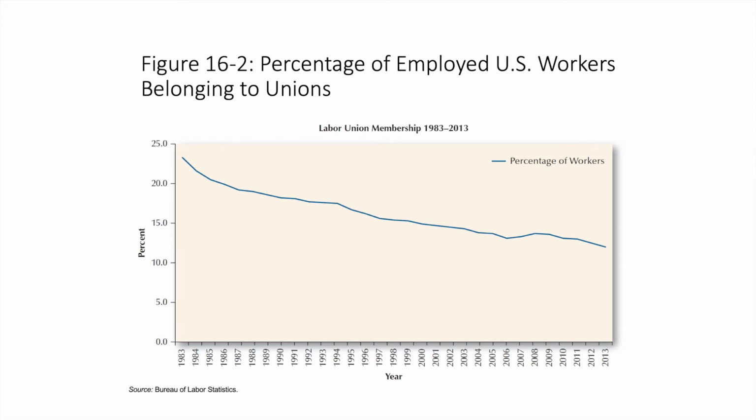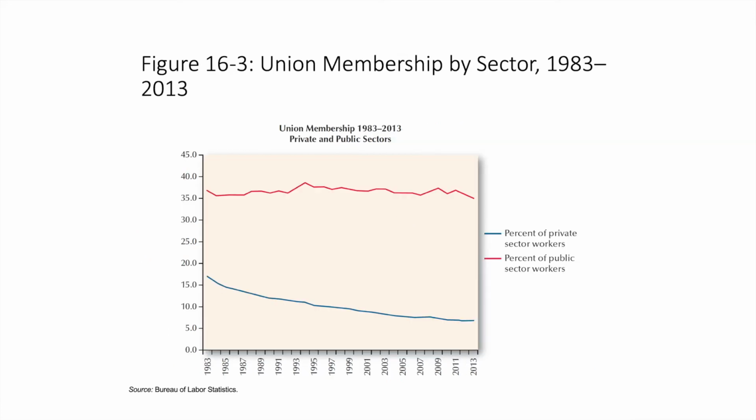And as you can see here in Figure 16.2, the percentage of workers belonging to unions has gone down, and we're going to talk about that here in a little bit as well. Now here you see another visual depiction of the influence of unions, and in the red you see government work, and then in the bottom you see private sector, which are private companies like FedEx or International Paper.